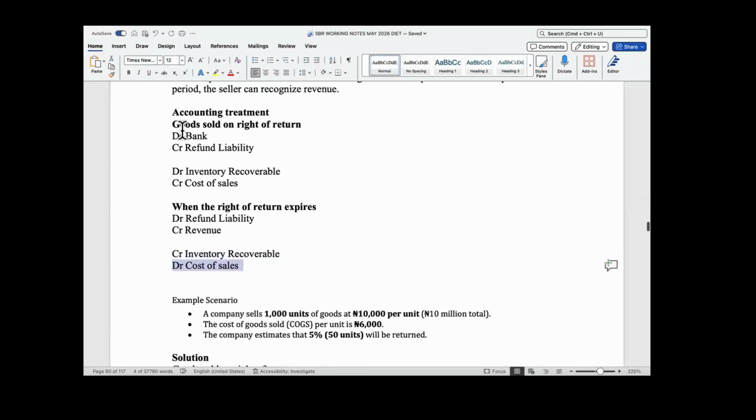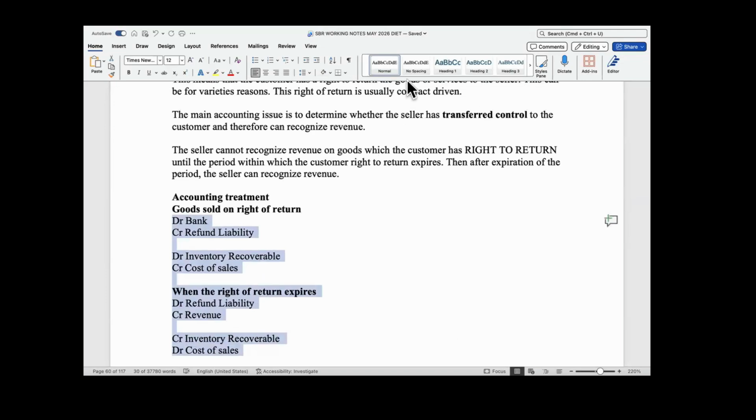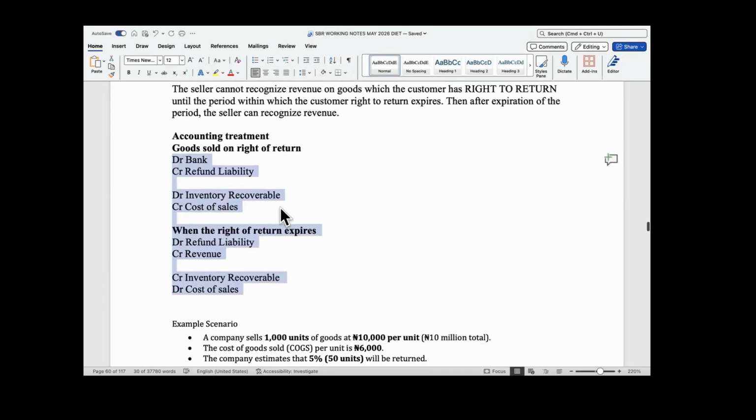The reality is that, with all these debits and credits I'm doing, a lot of you that are not so good with that might not necessarily do it in the exam like that. You just need to have the understanding that anytime we sell on right of return, we don't recognize revenue. We recognize a refund liability, and you need to take the cost of the goods that the customer can return away from cost of sales.